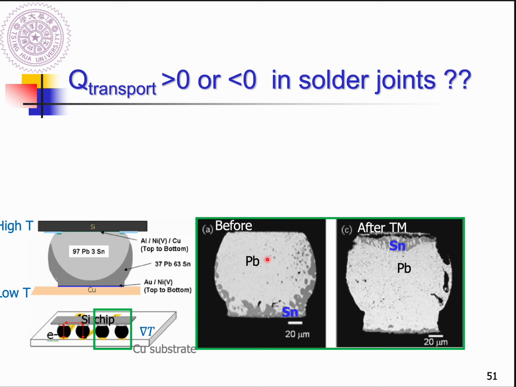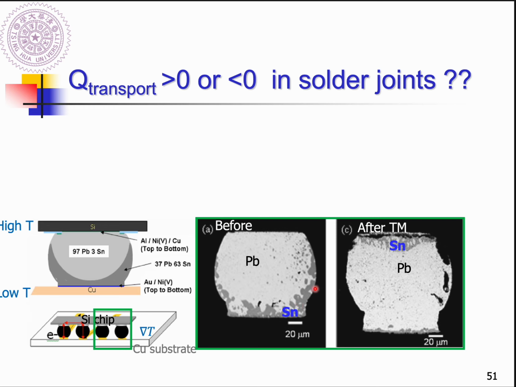By checking the SEM images before and after you apply the circuit, you can know whether the composition of this solder bond changes when there is a temperature gradient.